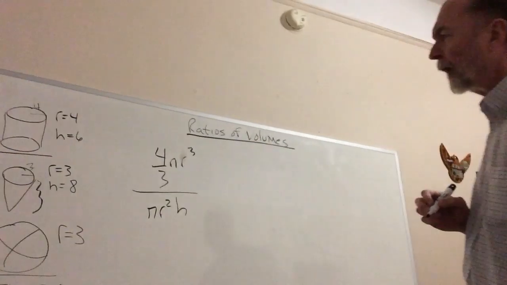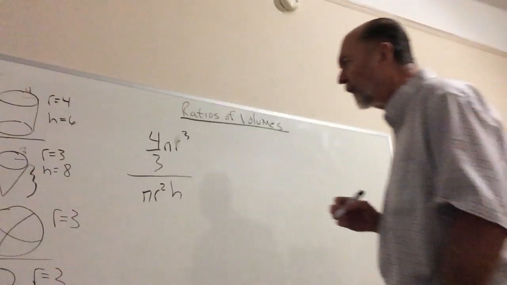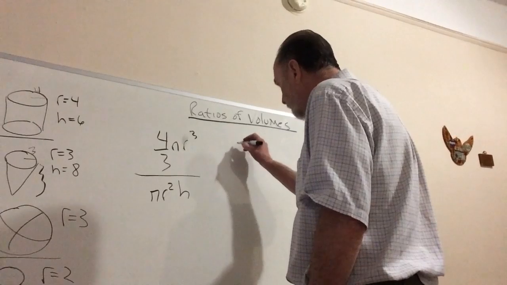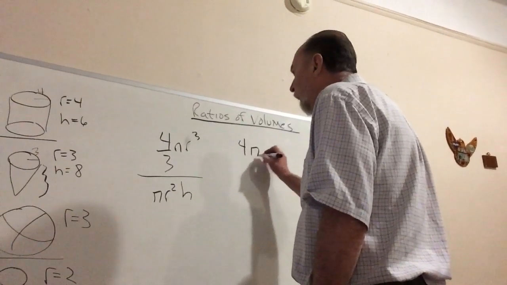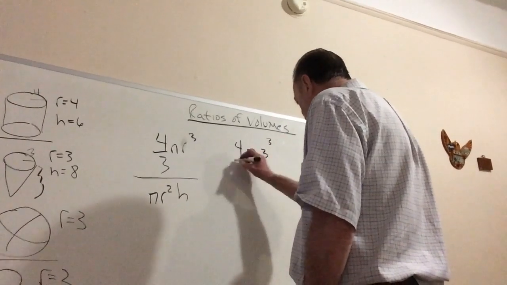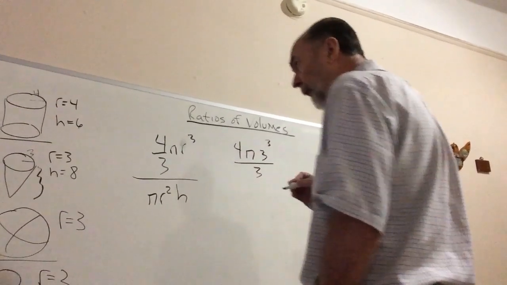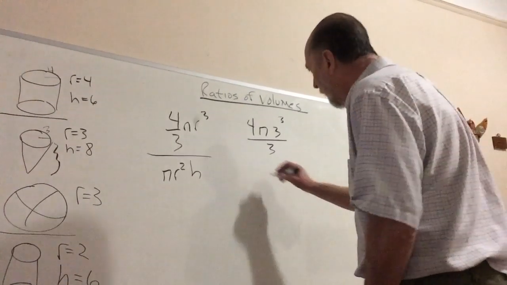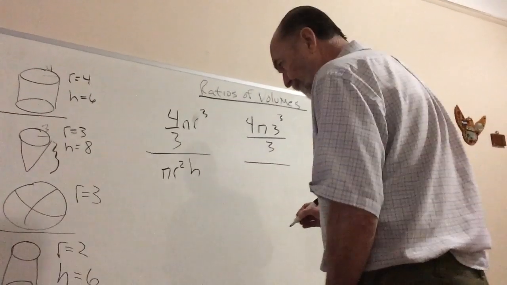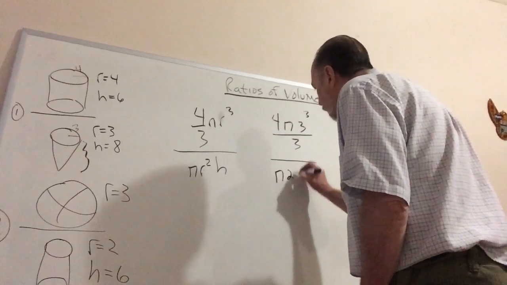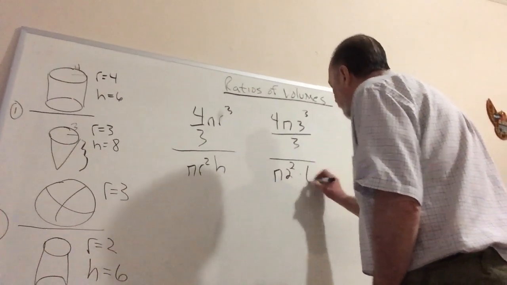No reason to be afraid of the fractions in any way whatsoever. Again, I fill in the data, and I have 4 times pi times 3 cubed divided by 3, as you can see. And over here on the bottom, I have pi 2 squared times 6.